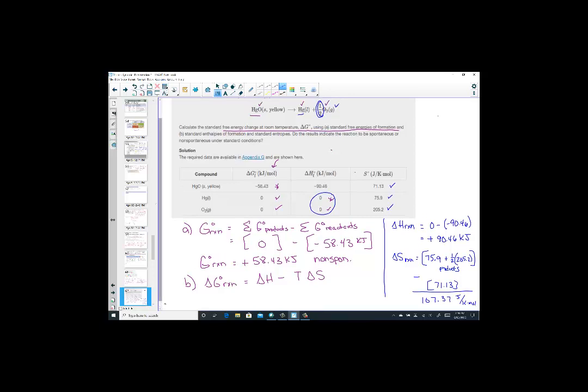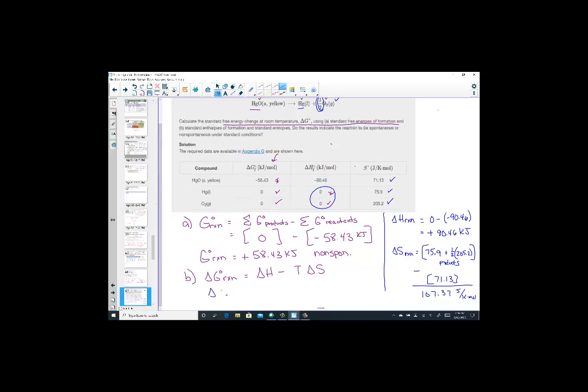Delta G of the reaction will be in a kilojoule. Delta H is already in a kilojoule, so that's 90.46 minus, we're at standard conditions, so this is 298 Kelvin, times, I have to put that into a kJ, so it's going to be 0.10737 kilojoules per Kelvin mole.